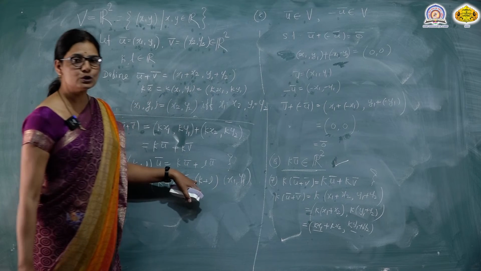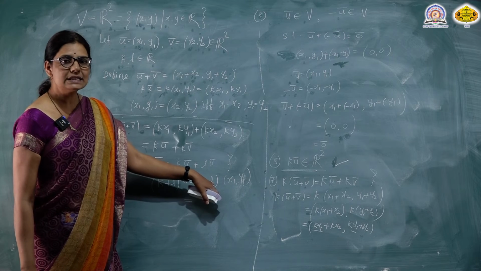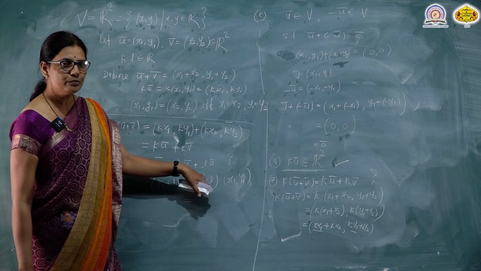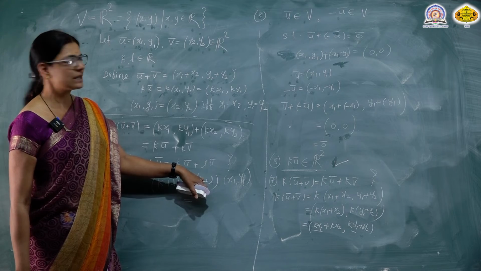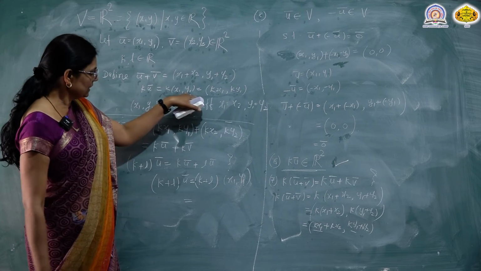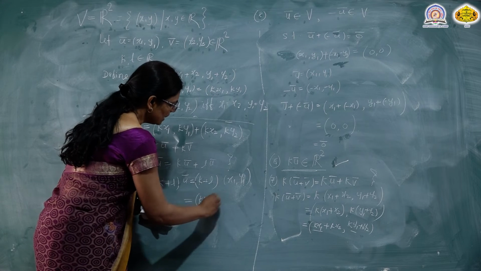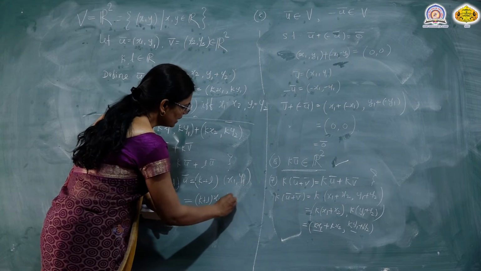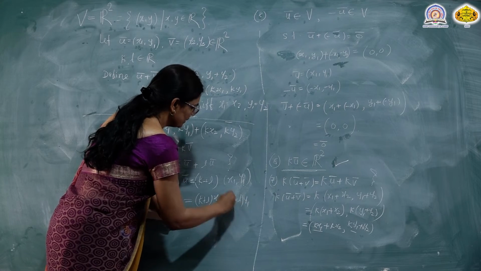Now use the definition of scalar multiplication. As k is a scalar and l is a scalar, the addition is again a scalar. So treat this as a whole scalar, and now use the second definition of scalar multiplication. Using this definition, this can be written as ((k plus l) x1, (k plus l) y1).